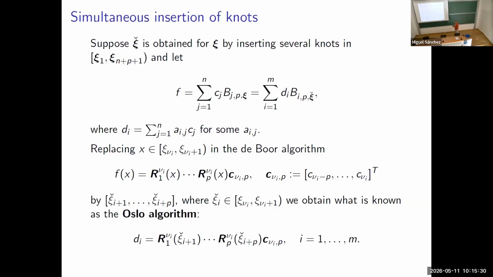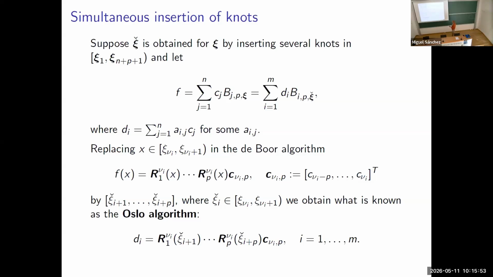And we get some new coefficients di because we have the subspace property. So what are the di? Well, we know they are linear combinations of the cj with some coefficients aij. And there's a simple algorithm to compute those non-zero values aij.